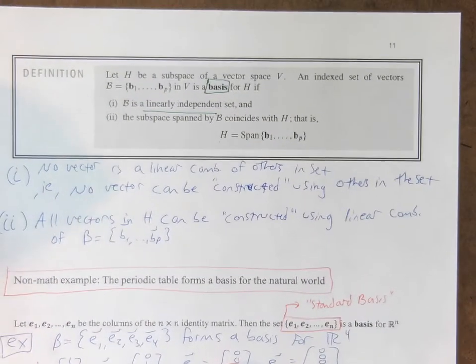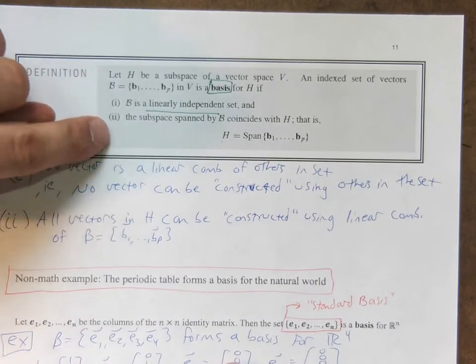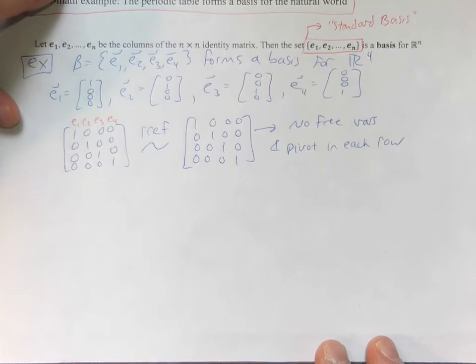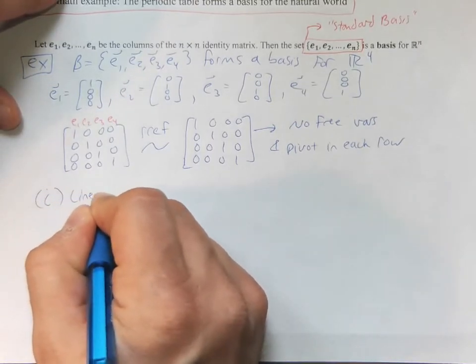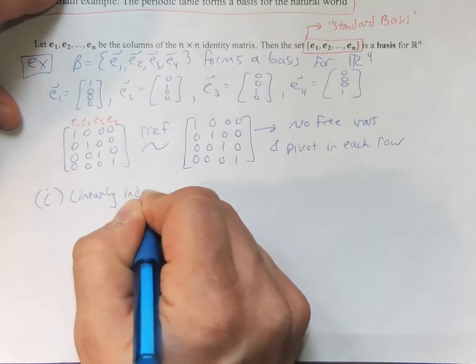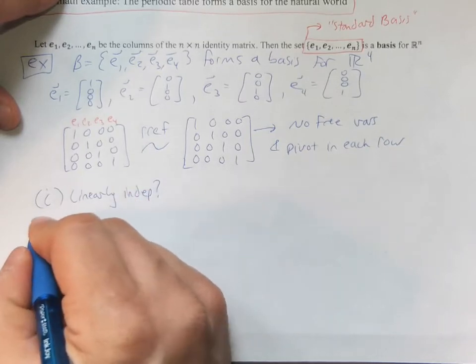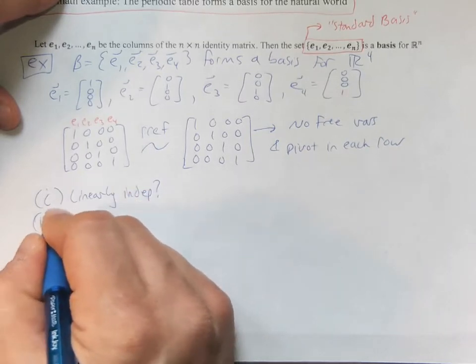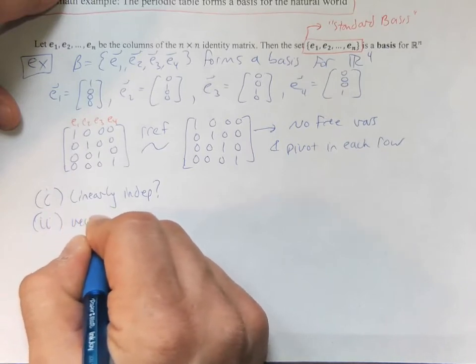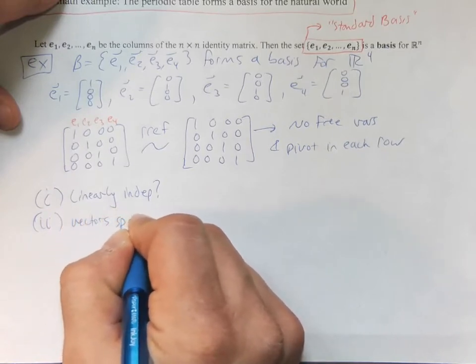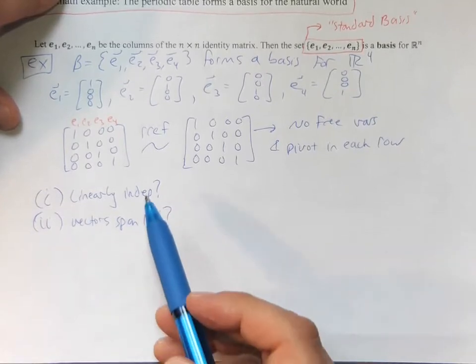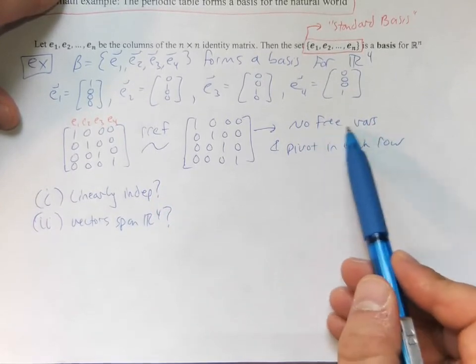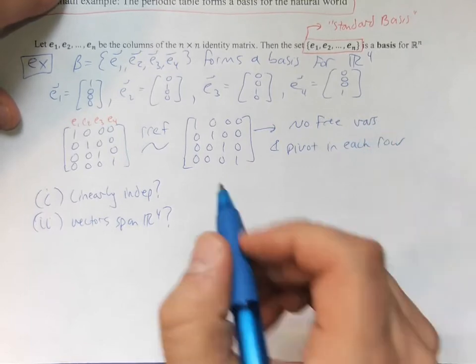Because when I go back up here, we want to show those 2 things, 1 and 2. So I'm going to write those 2 things down here. Number 1, is this set linearly independent? Question mark. That's the first question. And the second question is, do the vectors span R4? Well, they're linearly independent because we have no free variables, so we get the trivial solution.